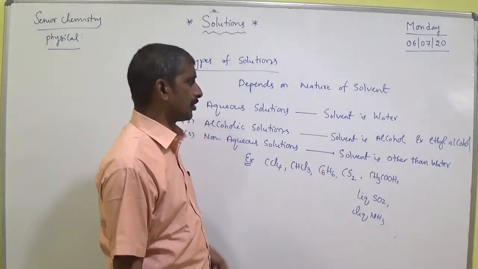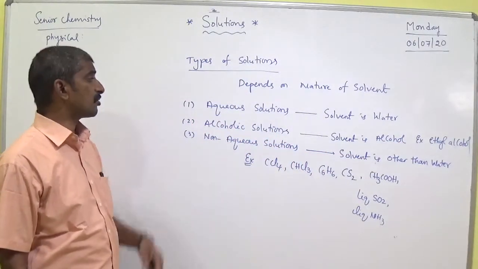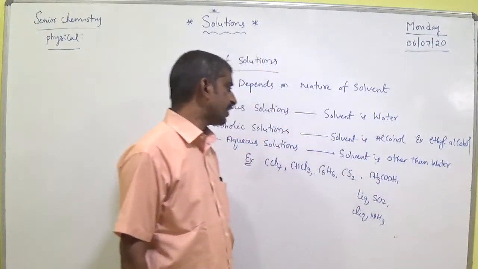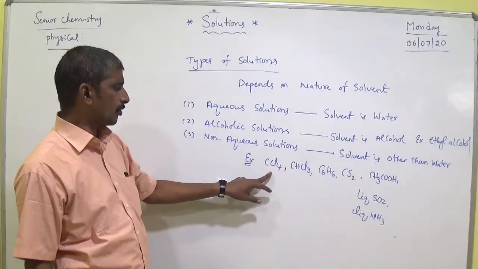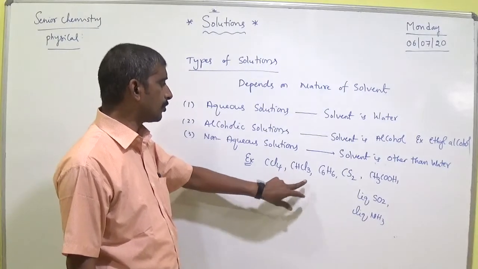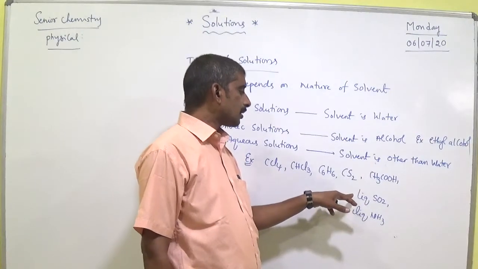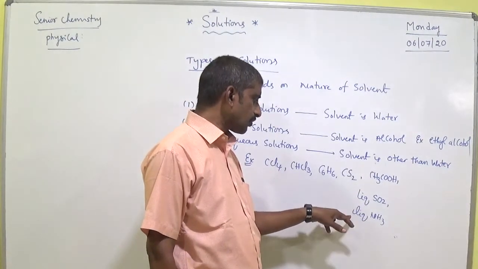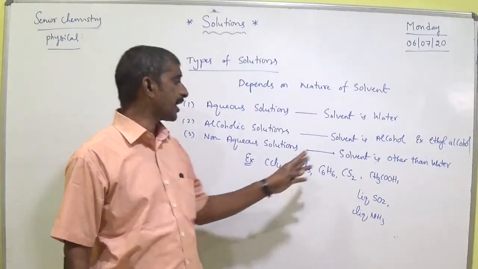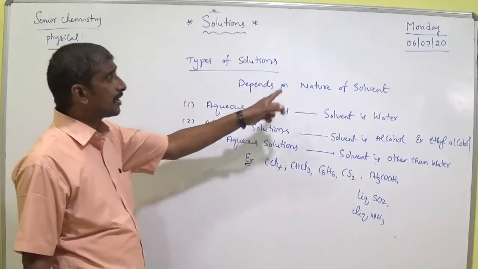Example ethyl alcohol, methyl alcohol, so many. In non-aqueous solutions, the solvent is other than water. Example carbon tetrachloride, chloroform, benzene, carbon disulfide, acetic acid, liquid SO2, and the last one liquid ammonia. They are in liquid state. So classification of solution depends on which factor? Nature of solvent.